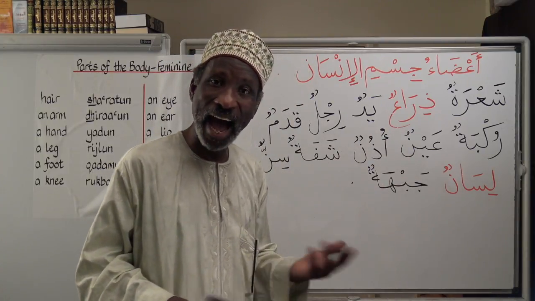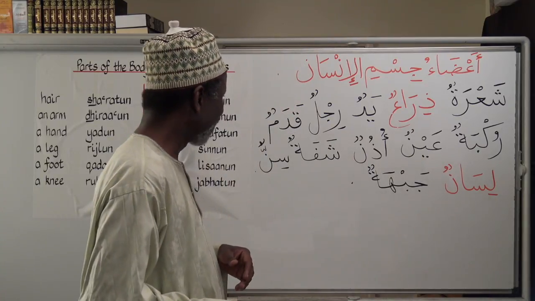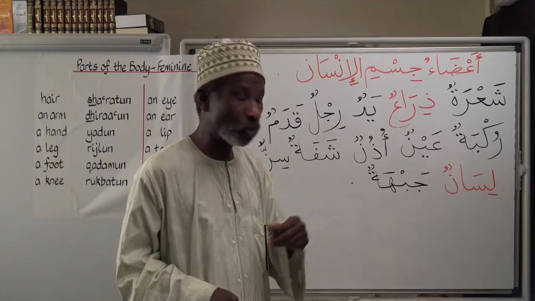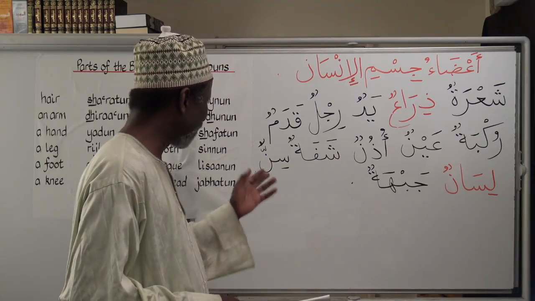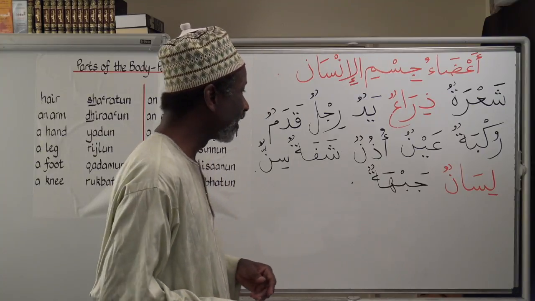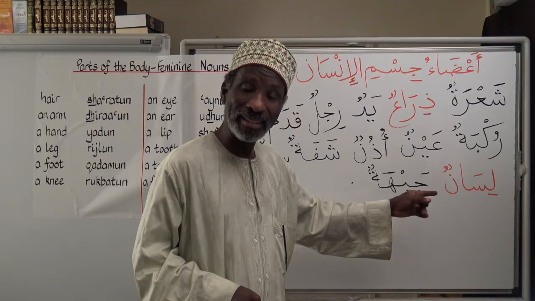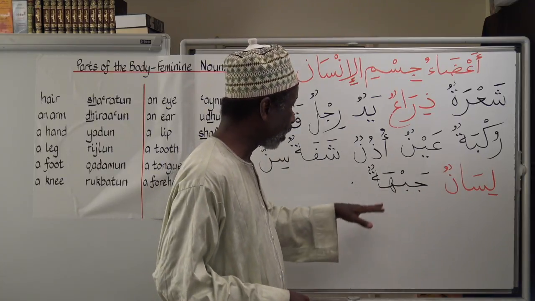Aynun, an eye, we have two eyes. And udhunun, ears as well. Shafatun, lip, two as well. Sinnun is one more because we have more than two teeth. Lisanun can be male or female, and yet it's only one. And jabhatun, forehead.